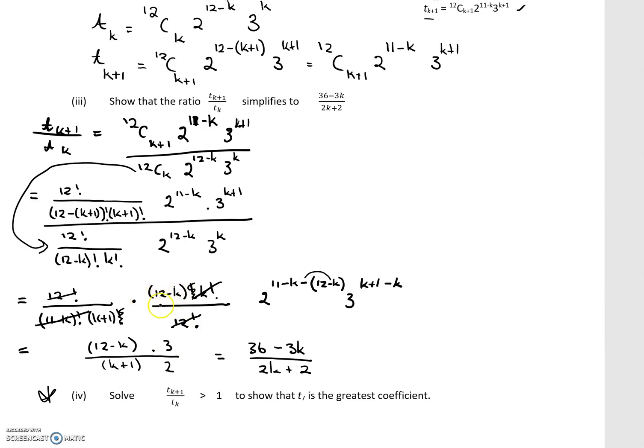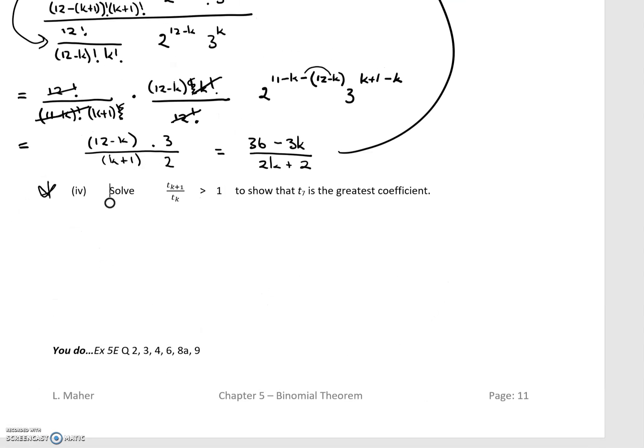So all we've got left on the top is a 12 minus k and a plus 3. In the bottom, in our denominator, we've got a k plus 1, and this 2 came to the denominator. When we expand that out, we get 36 minus 3k over 2k plus 2, which is what we were required to show.